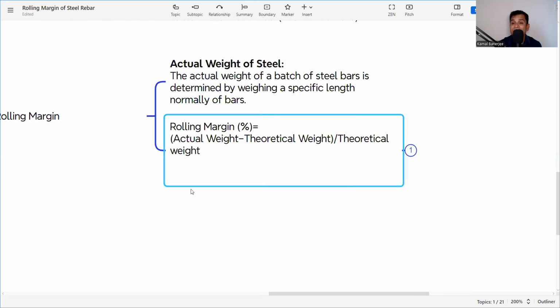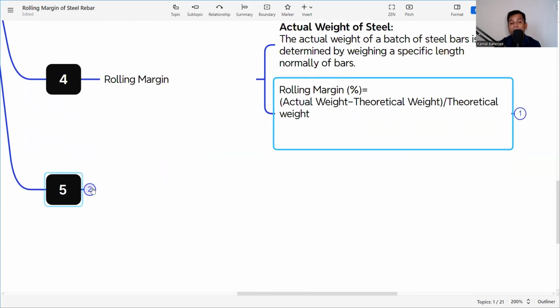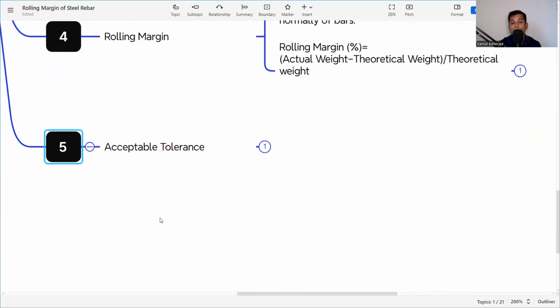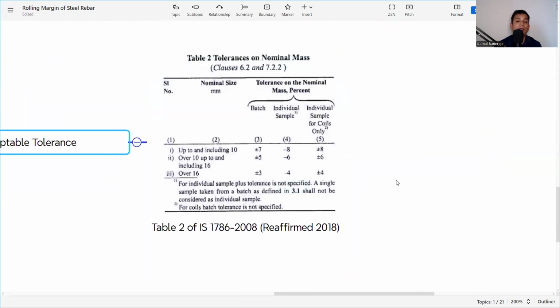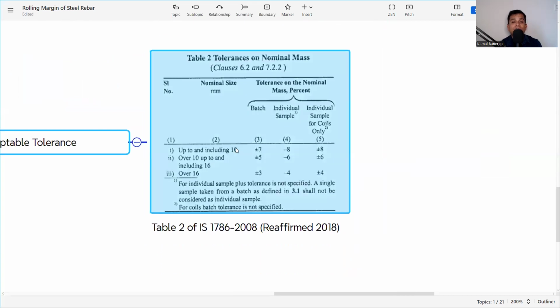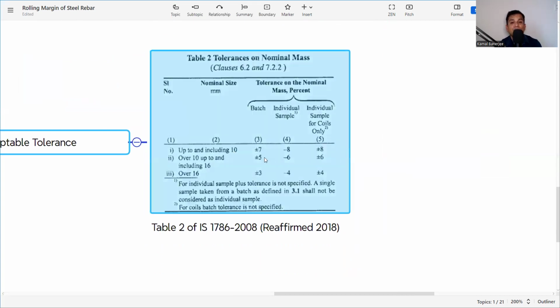Whether it can be accepted or not, we need to find out now. The acceptable tolerance is also mentioned in IS 1786, in Table 2 of IS 1786:2008. Up to and including 10 mm, the batch should be plus or minus 7%, and each individual sample is minus 8%.